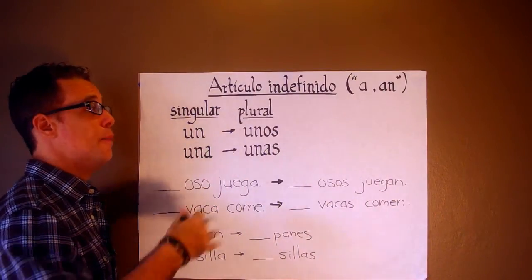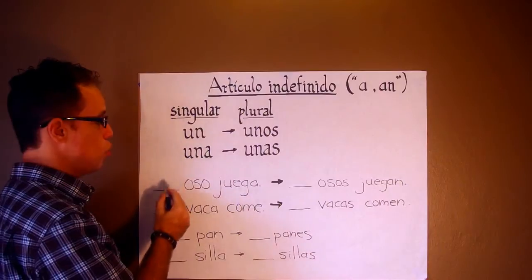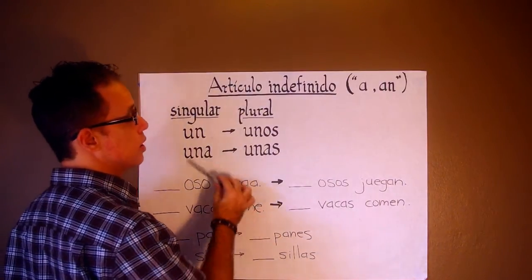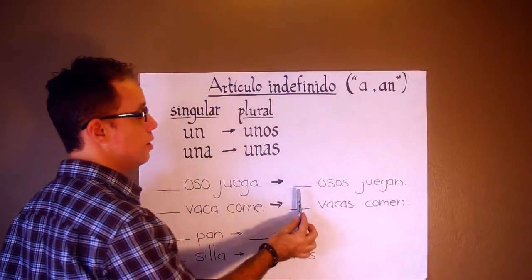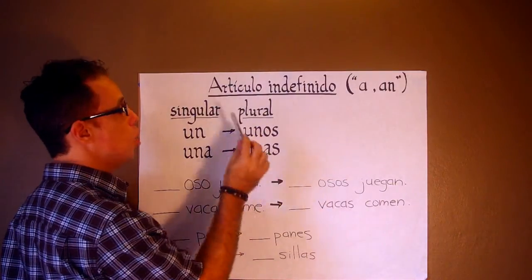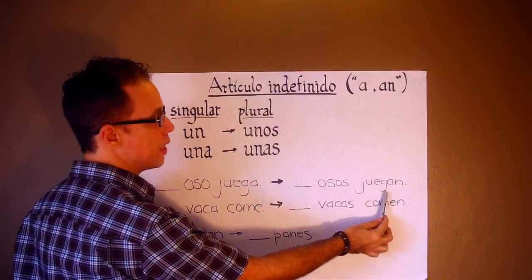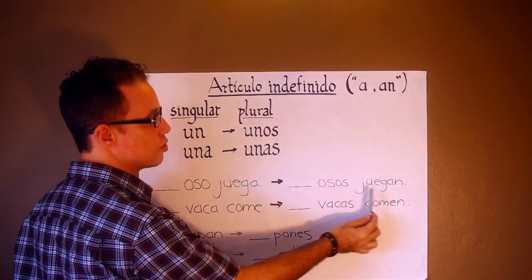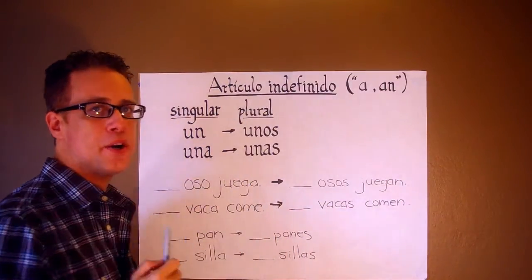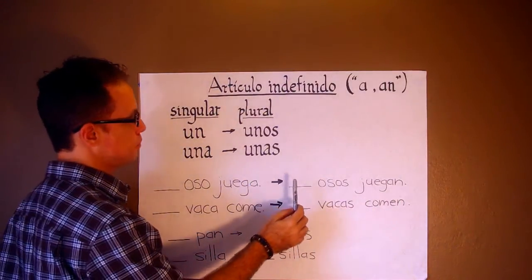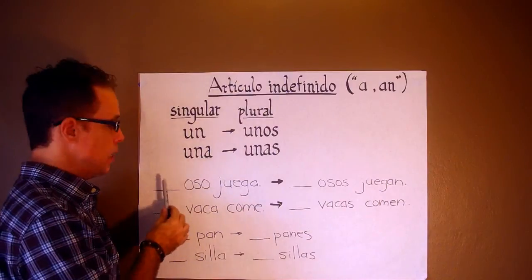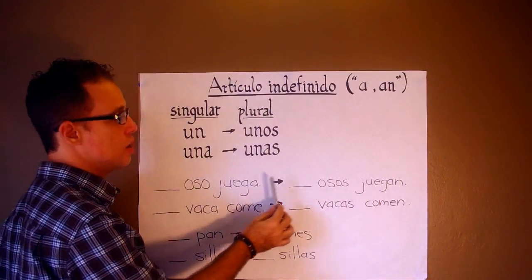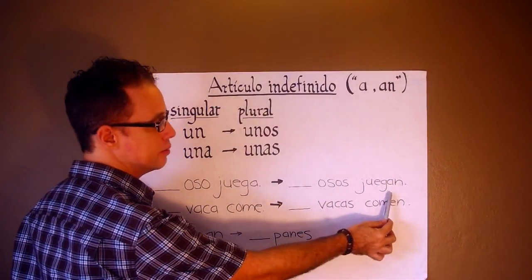So he says, a bear plays. Un oso juega. Transform into the plural. Unos osos juegan. Some bears play. Now, let's see it again. Un oso juega. Unos osos juegan.